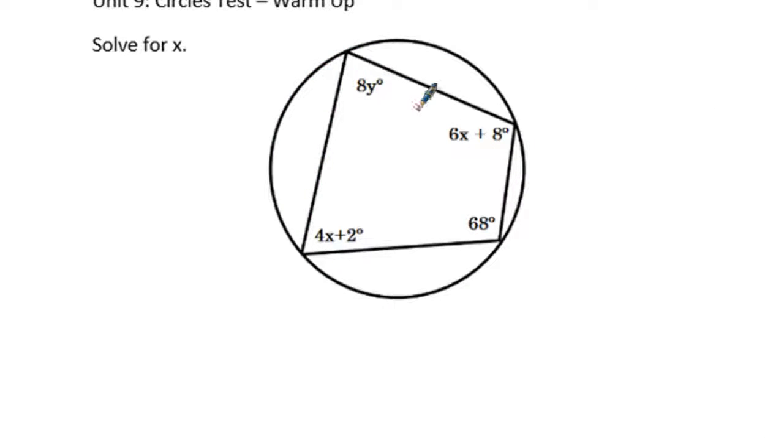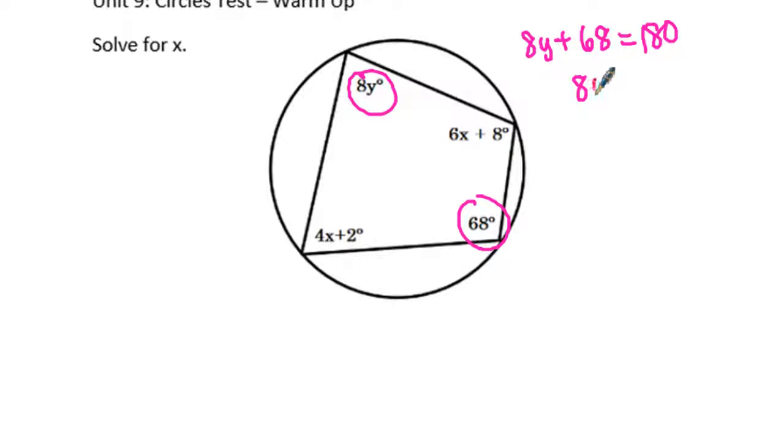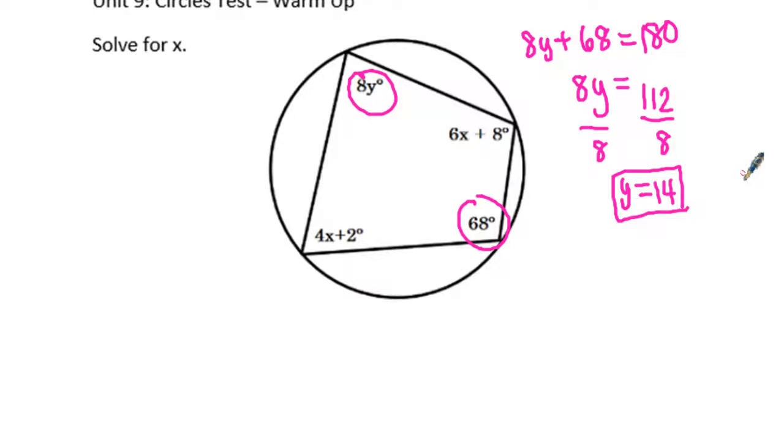When we have a quadrilateral inside a circle, we know that these opposite angles are supplementary. So 8y plus 68 would equal 180. Y is 14.